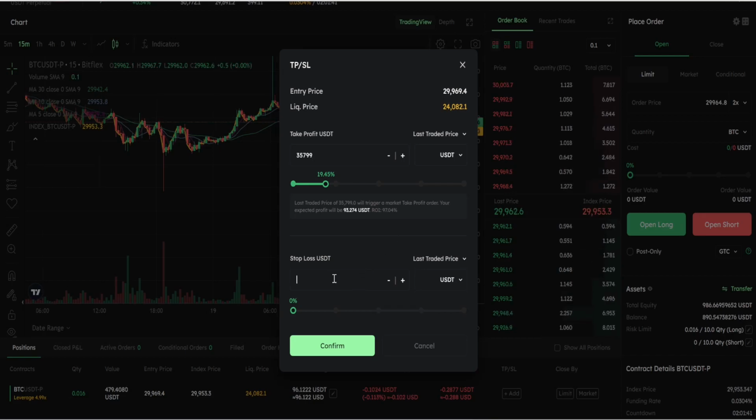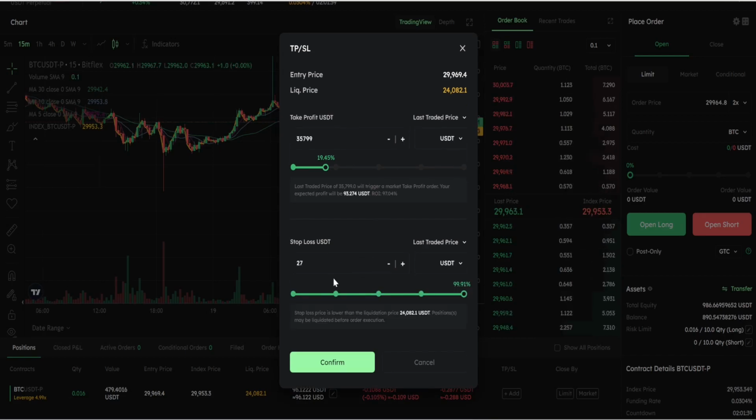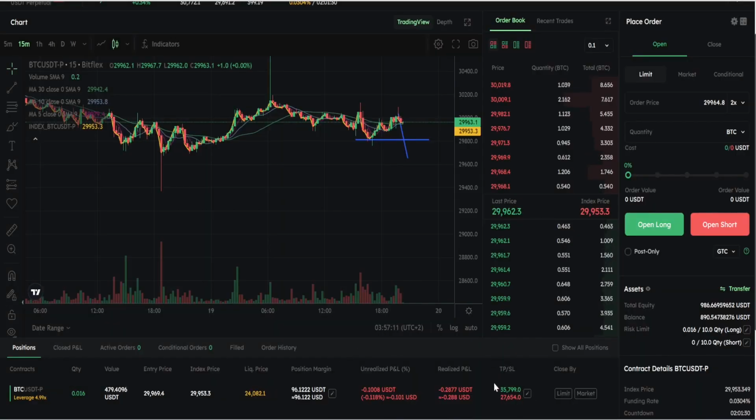So let's say that I expect the market to drop down to 27,655. You will see that you will risk $37 with your stop loss, and that is a 7.73%. Now obviously you have to choose yourself where you will have your stop loss or where you will have your take profit.